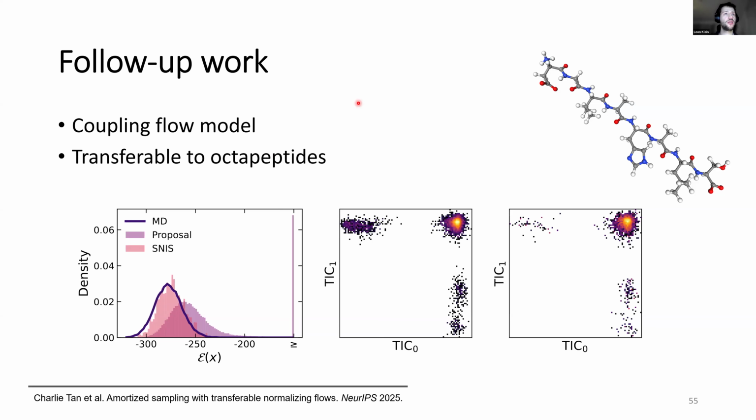Here's one example where you can see the energy distribution of the proposal. Then there's something similar to the reweighting I described. You can see that then the energy distribution matches the energy distribution of a reference MD simulation very well, and also that the TICA projections match very well.